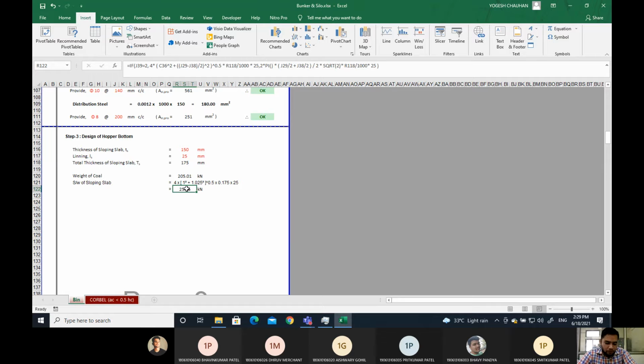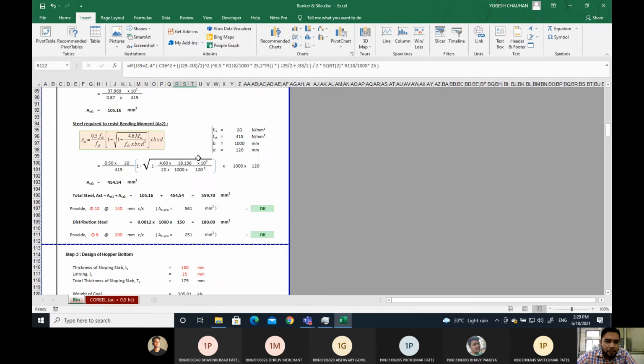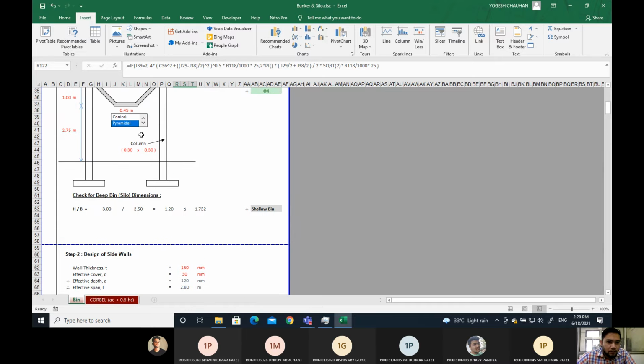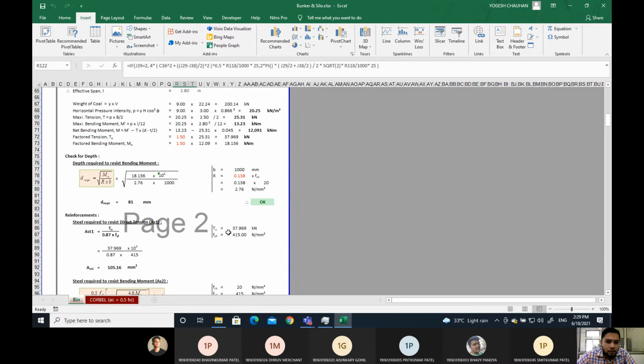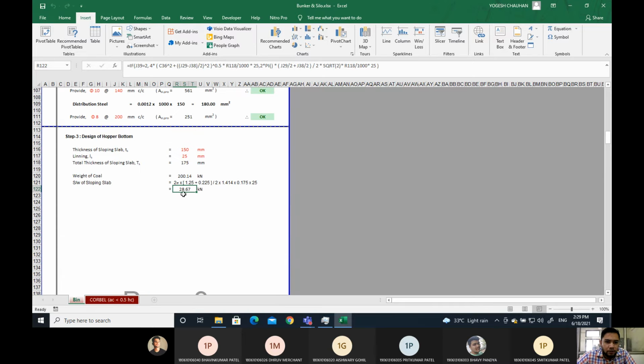It is 4 times 1 square plus 1.025 square raised to the power 0.5 multiply by 0.175 multiply by 25, so it is 25.06. And for the second case, it is 28.67. That also you can verify.